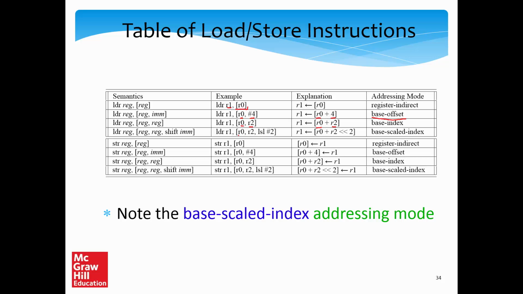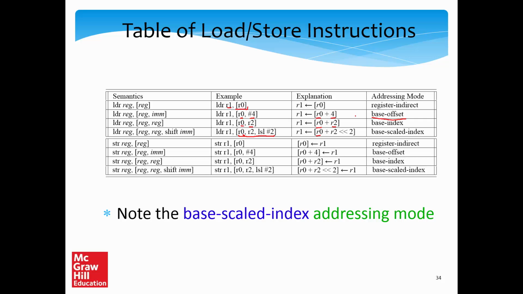Then we have this mode which is slightly complicated. R0 is still the base, but we have a scaled index. In this case, we are shifting the index to the left by 2 positions, which is why I have the left shift operator over here. This is the base scaled index mode, which is useful for accessing arrays, because typically we would access array elements like 0, 1, 2, 3, 4.